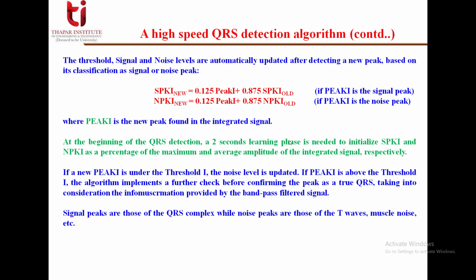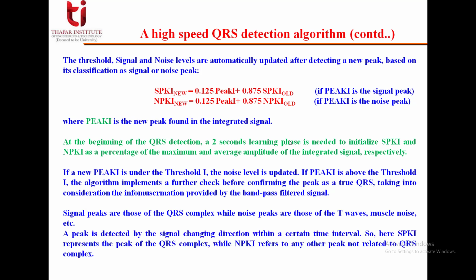Signal peaks are those of the QRS complex, while noise peaks are those of the T waves, muscle noise, etc. A peak is detected by the signal changing direction within a certain time interval. So here SPK1 represents the peak of the QRS complex, while NPK1 refers to any other peak which is not related to the QRS complex.